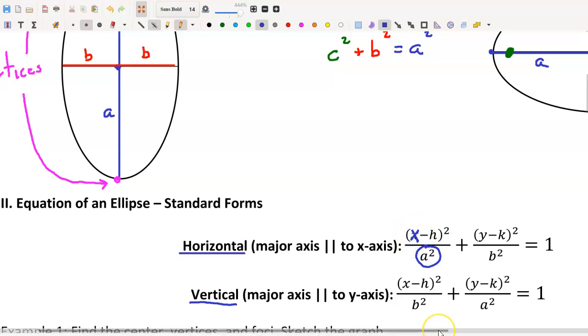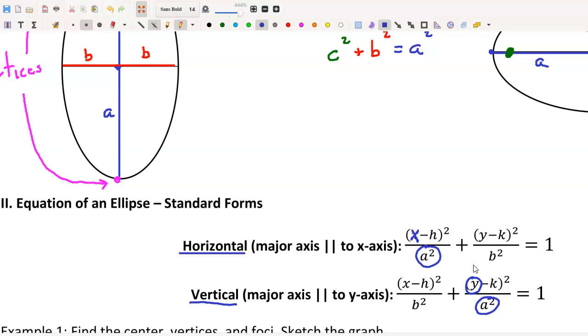So that means it's stretching along the horizontal, right? The X. Whereas if the A value is underneath the Y, that's how you know it's stretching vertically along the Y-axis. So paying very close attention of which number is bigger on the bottom here will let you know which way it opens, right? Horizontally or vertically.